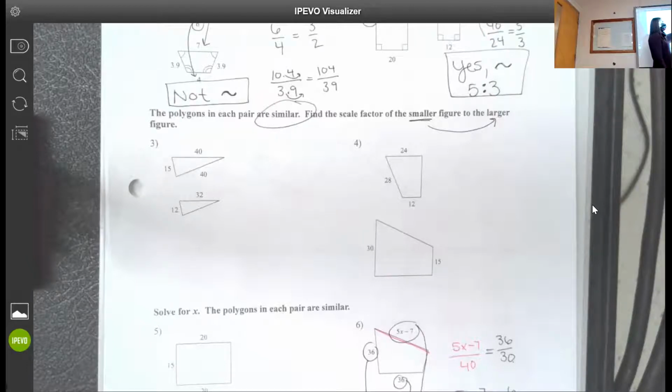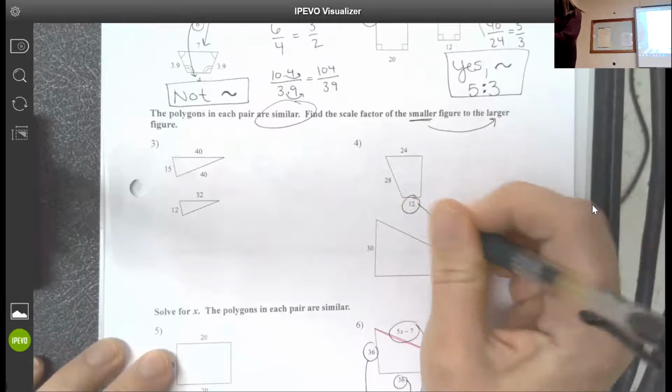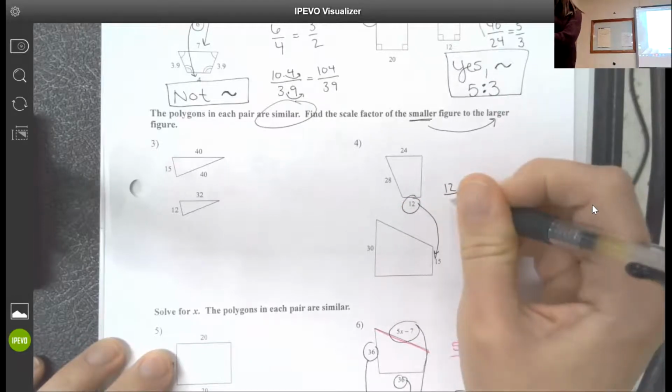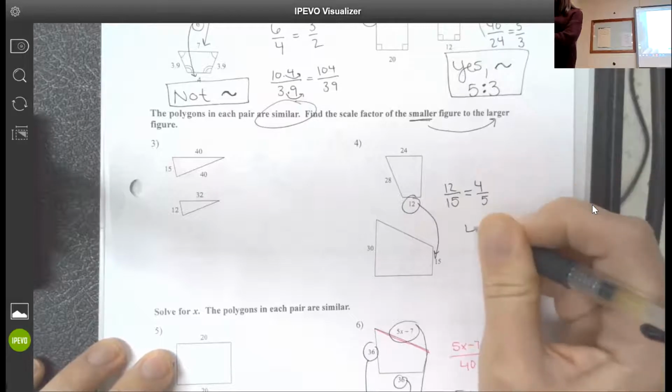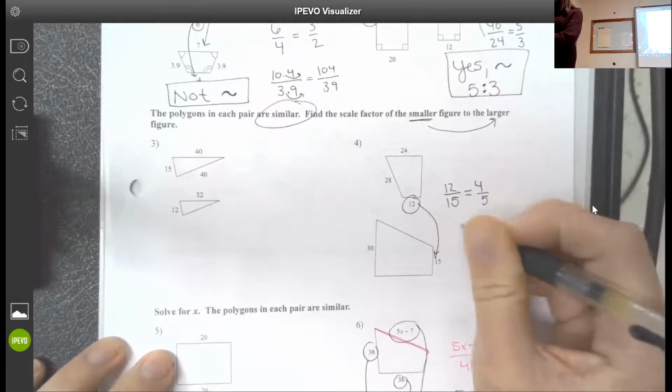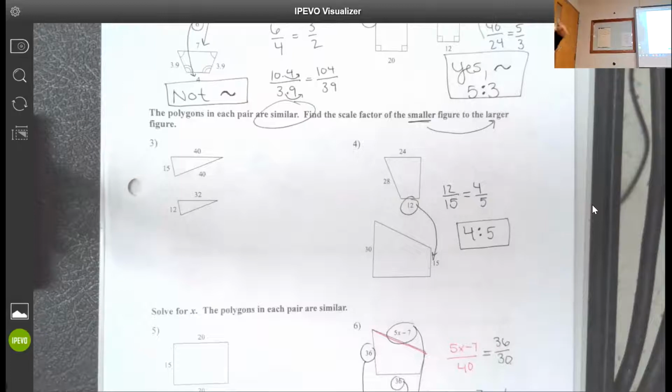If you're ever in a position where it's a funky shape and it's flipped around, choose what's easiest for you picture-wise that matches up. So going small to large, I have 12 to 15, or 4/5. So my scale factor is 4 to 5, small to large.